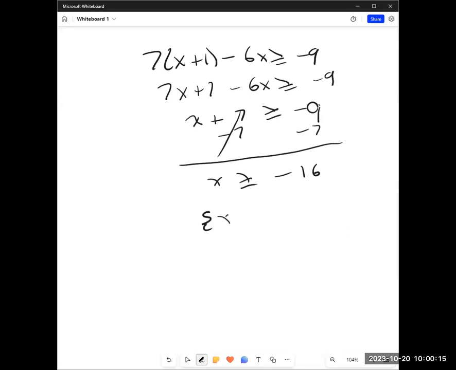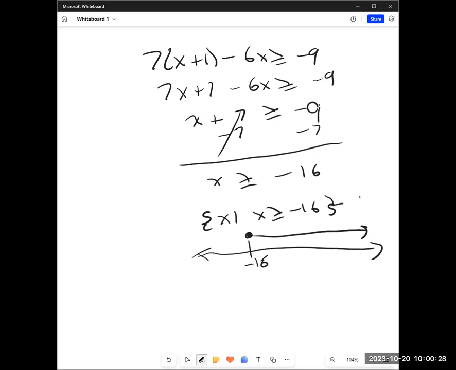So this is the set of all x's such that x is greater than or equal to negative 16. Negative 16, we want a solid dot. We would want to go to the right. And that makes this negative 16 for our lower bound, which is included, and infinity for our upper bound.